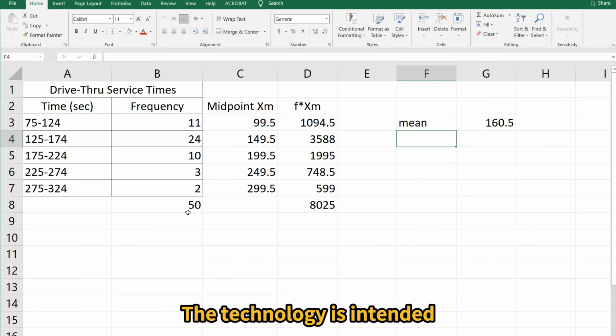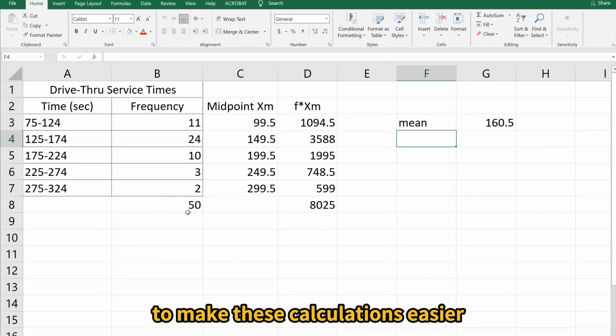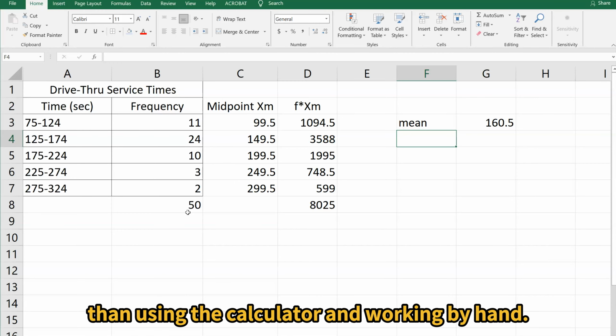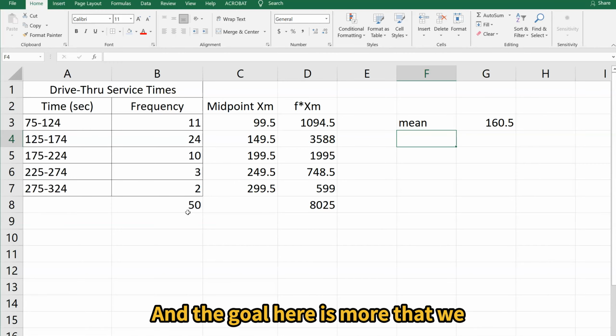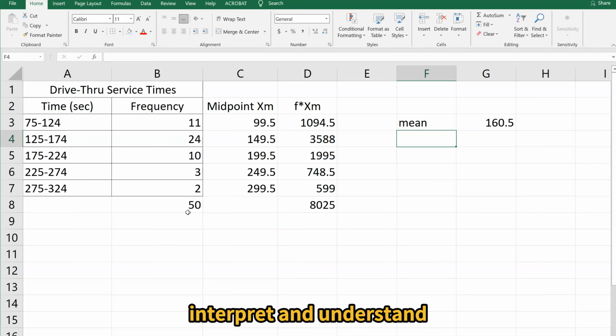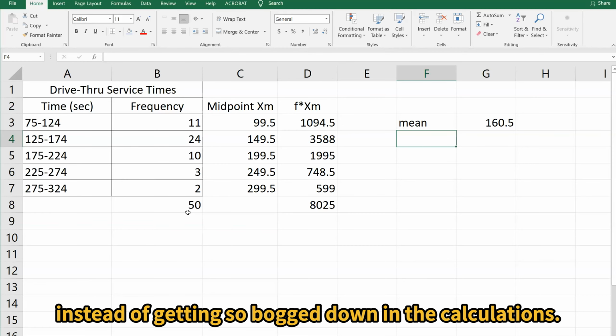The technology is intended to make these calculations easier than using the calculator and working by hand. And the goal here is more that we interpret and understand what that mean is, 160.5, instead of getting so bogged down in the calculations.